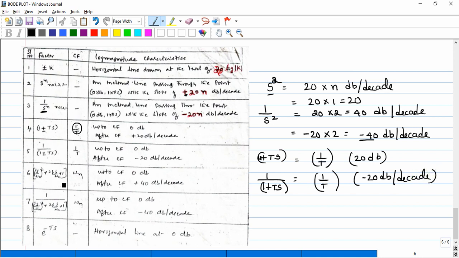And we have one more, the second order factor. Its corner frequency will be omega n, and the slope will be plus 40 dB per decade.